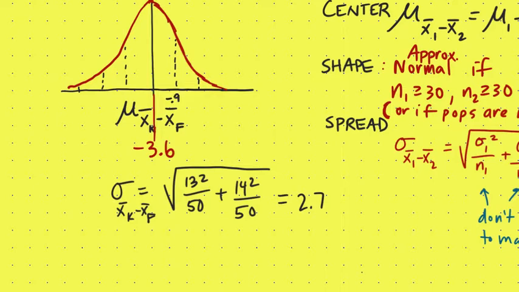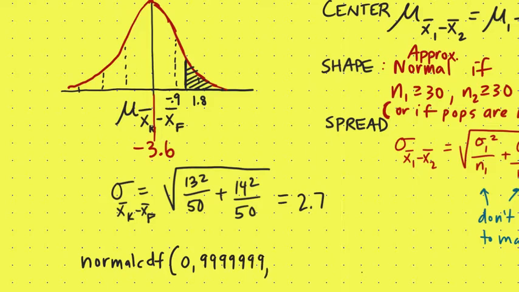And if you add 2.7 again, you get 1.8. So the break-even point is about right here. And so for the Kentuckians to be older, we would have to get a positive result. So we're looking for that right there. So that would be normal CDF, 0 to infinity. Just a bunch of 9s will be good enough for infinity. On a curve that's centered at negative 3.6 with a standard deviation of 2.7.